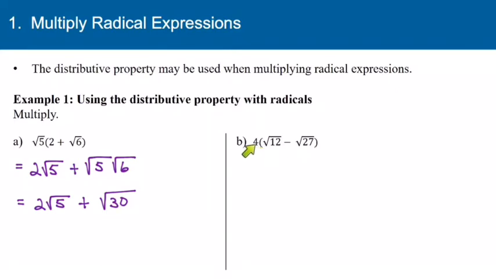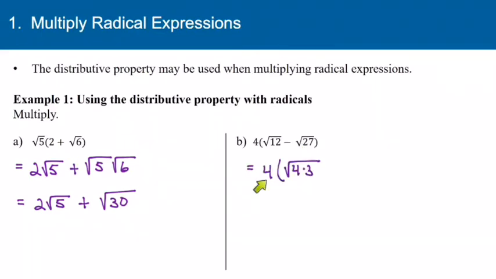In part B, we have 4 times square root of 12 minus square root of 27. Now, you could go ahead and distribute the 4, but I think what I would prefer to do is simplify these radicals first. So let's think of 12 as 4 times 3, and let's think of 27 as 9 times 3.